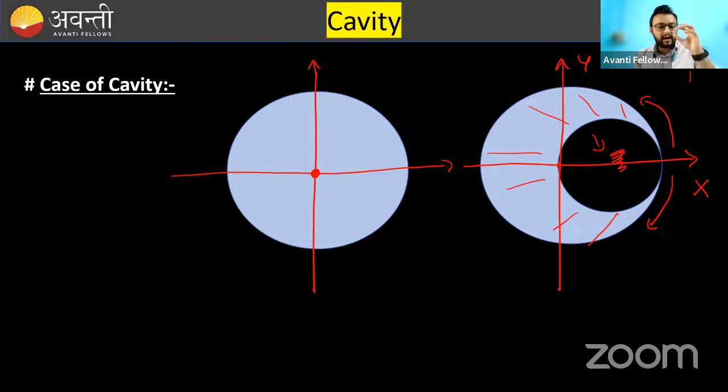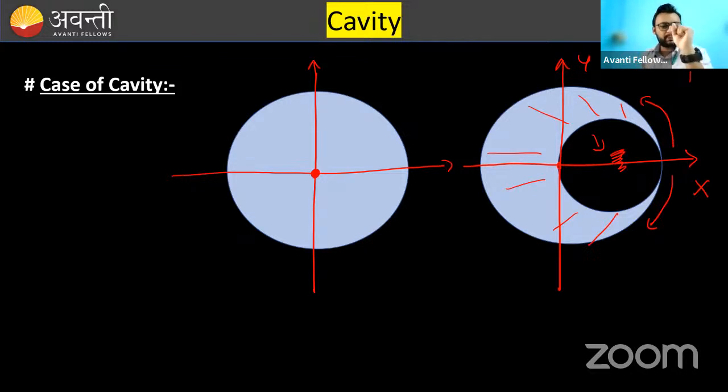In this hole, I am going to put two masses, one of plus m and one of identical negative mass, minus m.